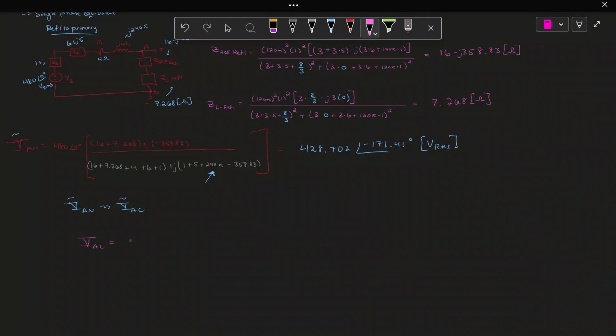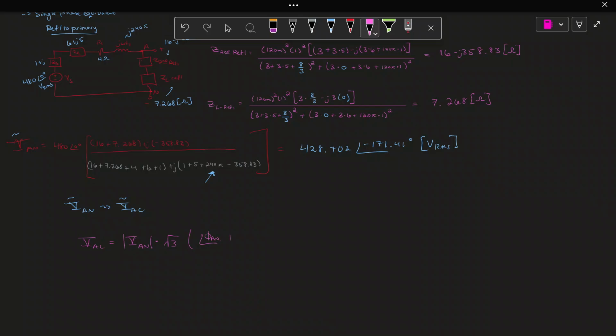VAC is equal to, well, line voltages are square root 3 greater, or multiples of phase voltages, because there are 3 phases in a line, or however you want to think about it. So what we need to do is multiply VAN times the square root of 3 for the magnitude, and then we have to do the phase of AN.